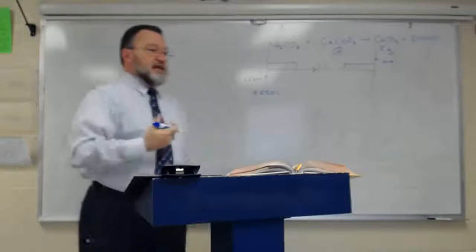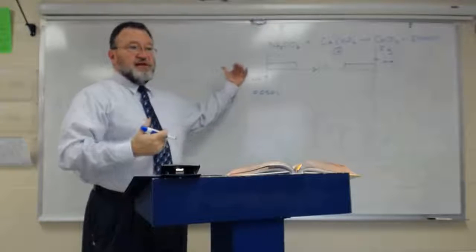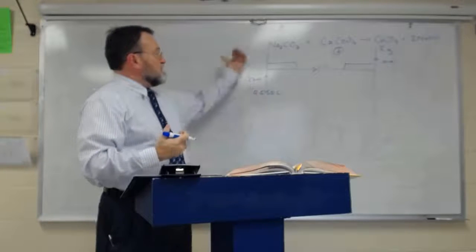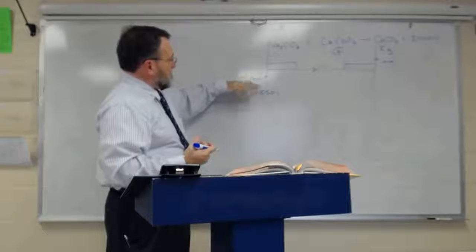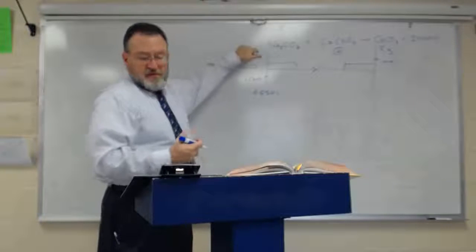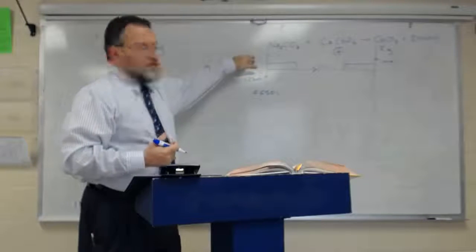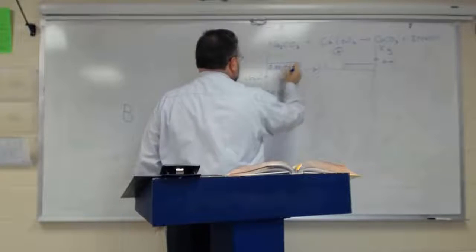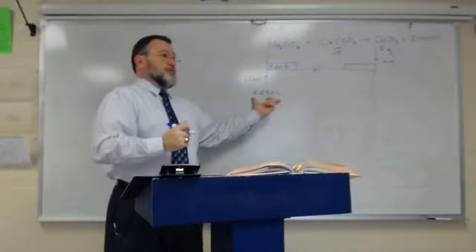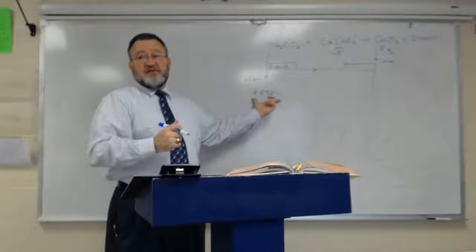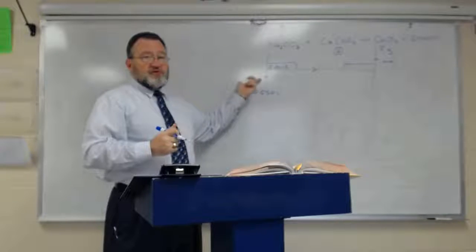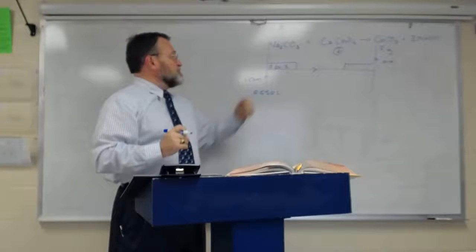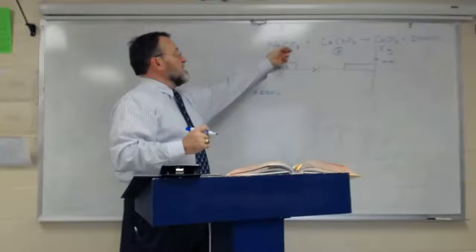So I know everything I need to get there. Let's just move along the pathway. This times this, do I have both parts? Yes, I do. So how many moles am I looking at? 0.0615. So when I have 0.050 liters, or 50 milliliters, of a 1.23 molar solution, I have 0.0615 moles of sodium carbonate.